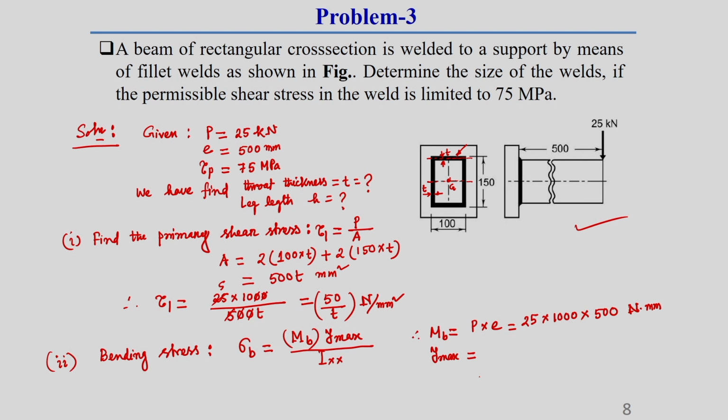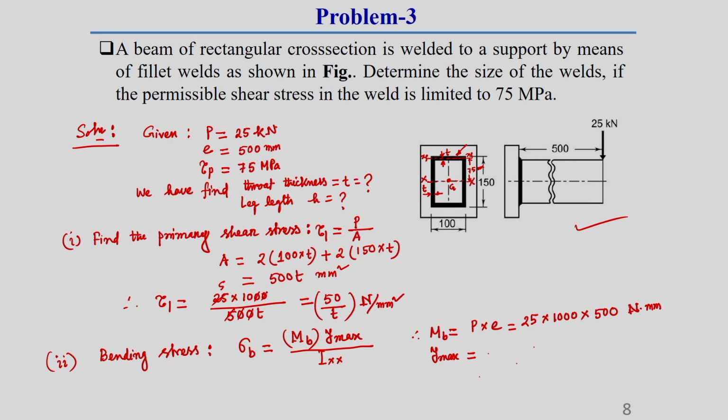The farthest weld from the XX axis will be either one of the horizontal welds, and the distance of the horizontal weld from the XX axis is 75 mm. So this is the Y max distance.